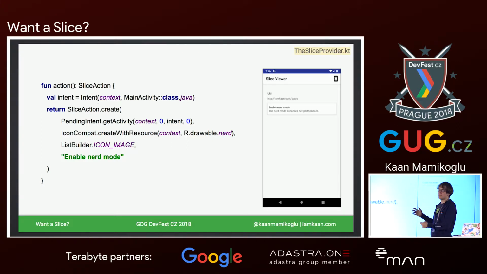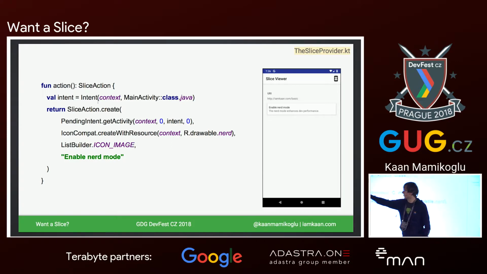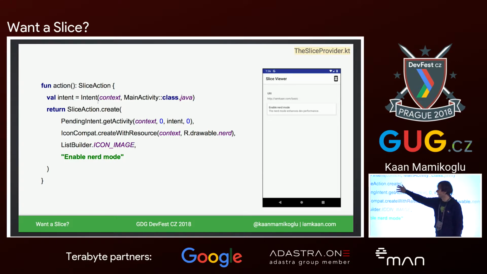So this is pretty much like displaying a notification, actually. It works similarly. You create a slice action using this helper class again, or well, factory, however you want to call it. And then you pass a pending intent using just the same logic as a notification.